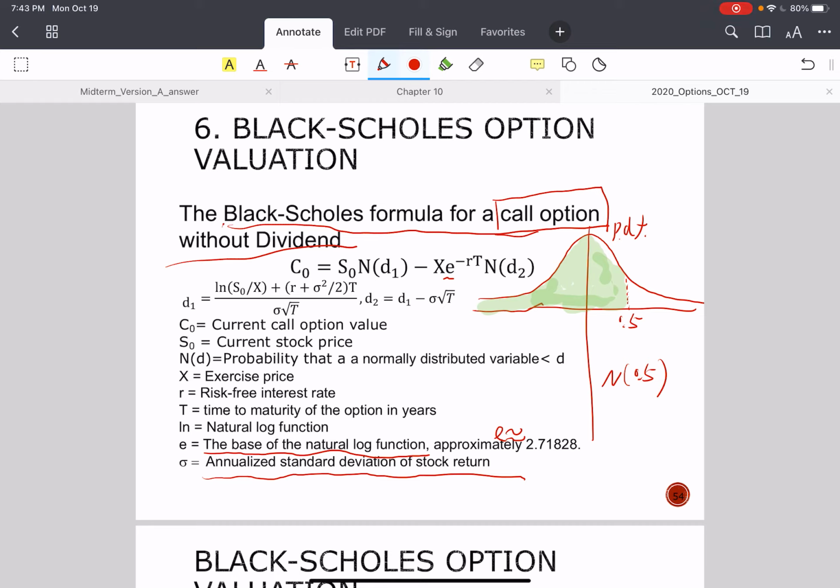The reason is because if an American call option does not pay dividend, then you should never exercise this call option early. Which means the early exercise does not have value in American option. So this implies American call should have the same payoff as a European call. So they should have the same formula, right? So that's why you could use the formula to price both American call and the European call without dividend.